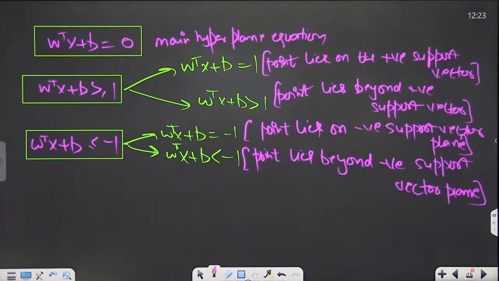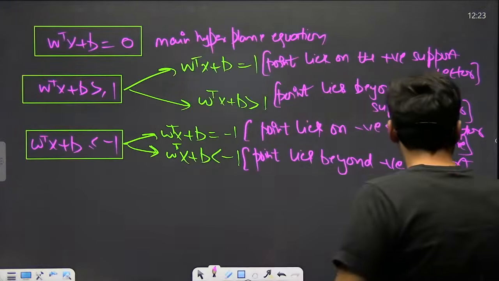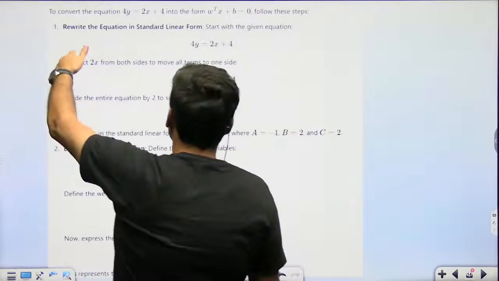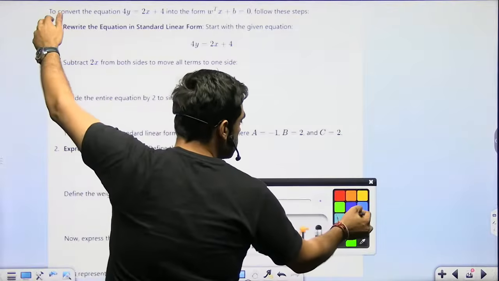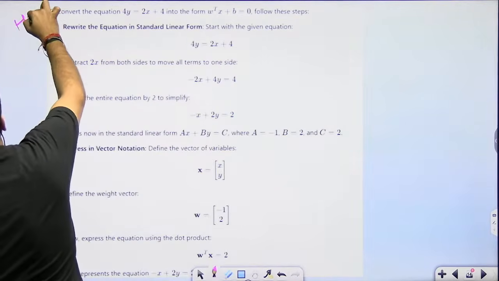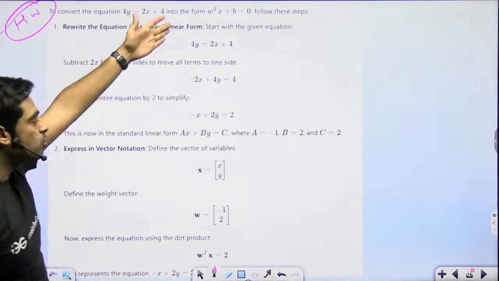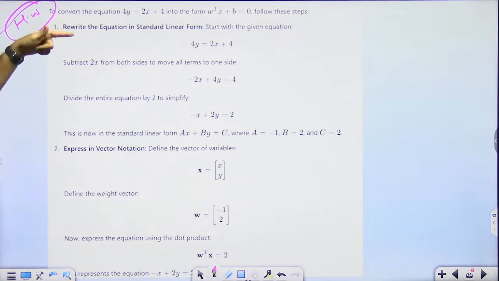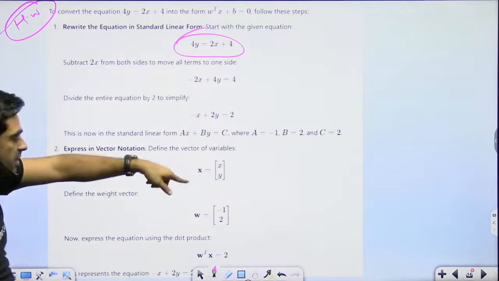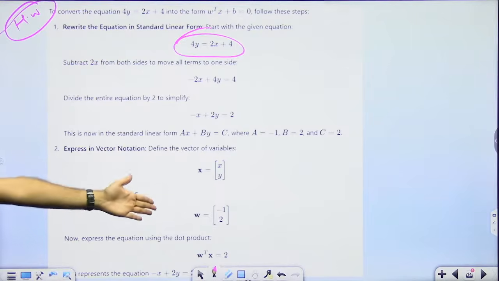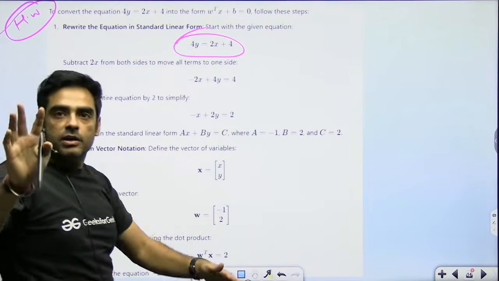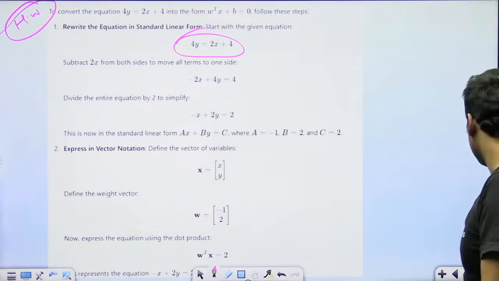Now if anyone has doubts, sir, how did you convert it? This question is for you. Just attempt this question: how to convert 4y equals to 2x plus 4 in this format? Very simple.